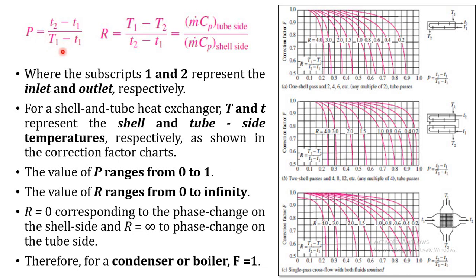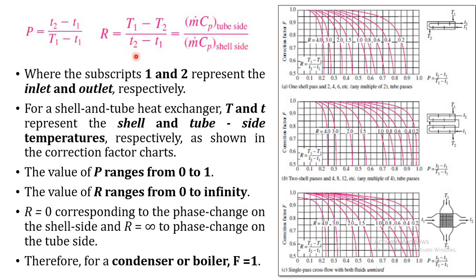The denominator is always higher than the numerator in this expression, so the value of T always ranges from 0 to 1. The value of R ranges from 0 to infinity. We can see that from this expression.